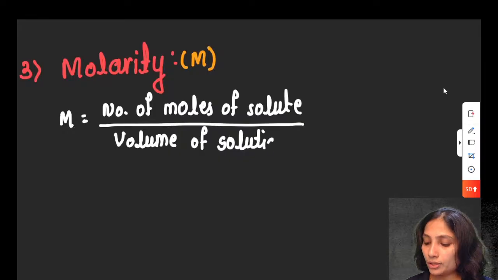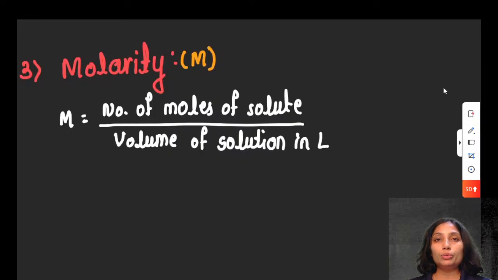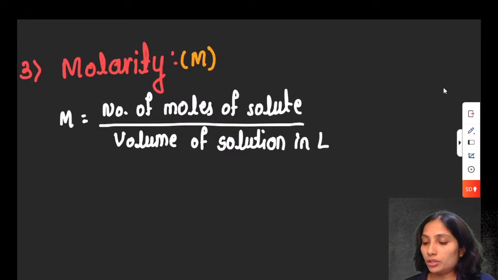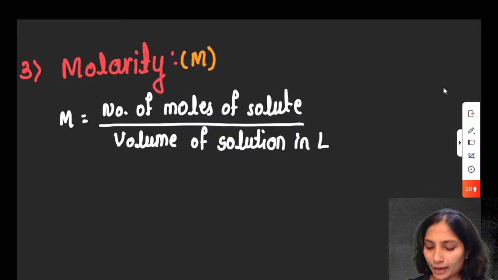See, if the volume of solution is not in liter, if it is present in ml, then what will you do? Either convert it into liter or write it in ml and multiply the equation with 1000. Then it will get converted into liters. So what is molarity? Number of moles of solute which is present in 1 liter of solution is called molarity. So in simple way, I can write like this.